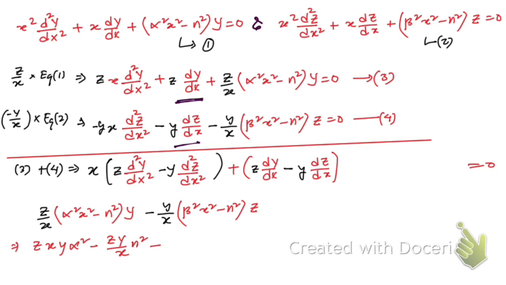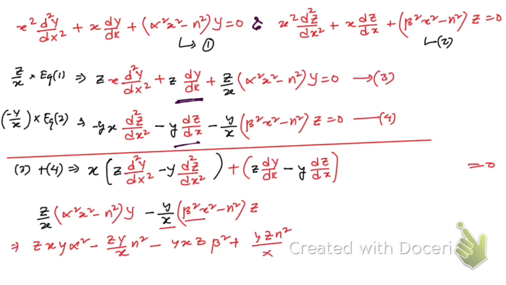minus, so similarly if we multiply this one with this, y, x cancels x squared to give x, so y x, then into z, so we have z as well, beta square, then this minus gonna be plus y n square into z, so y z n square, we can write y z n square by x.